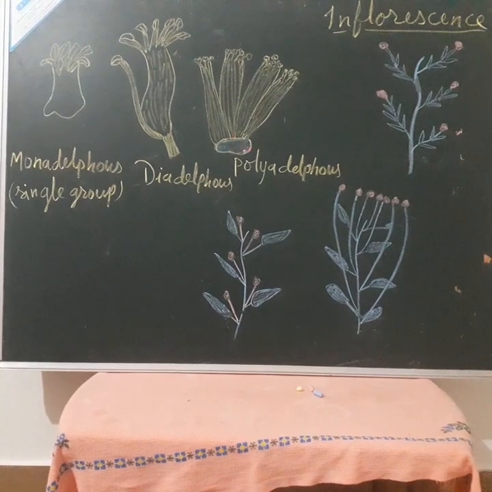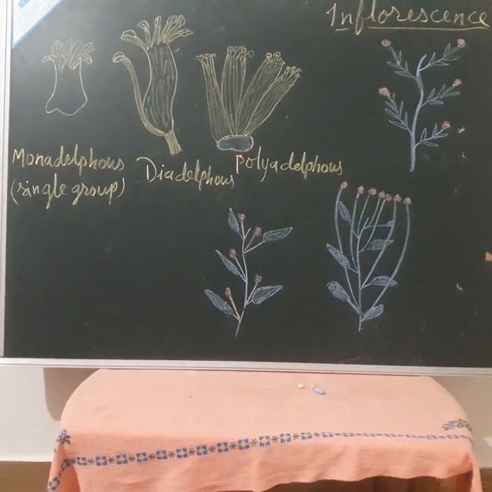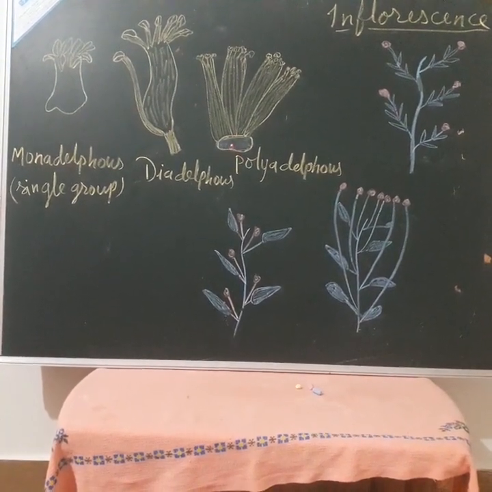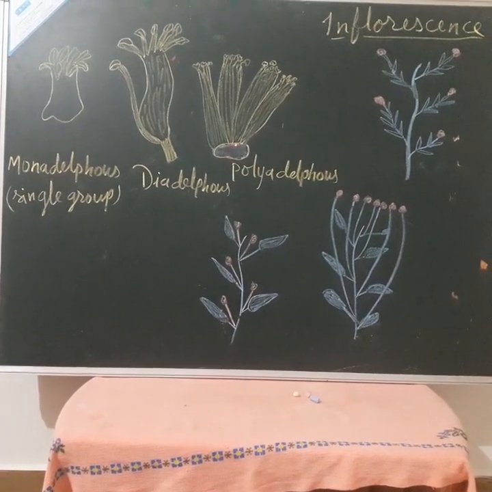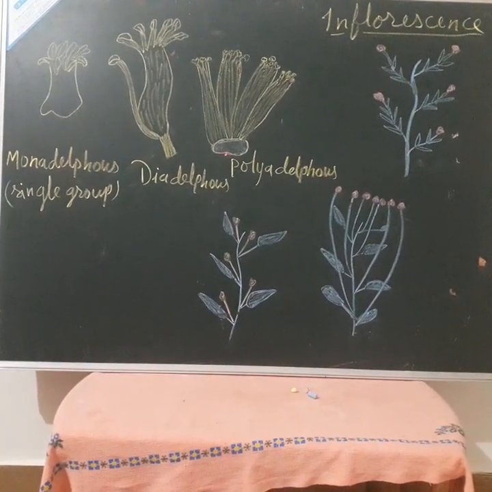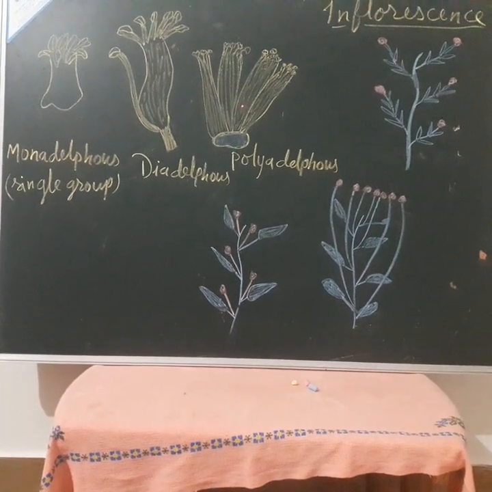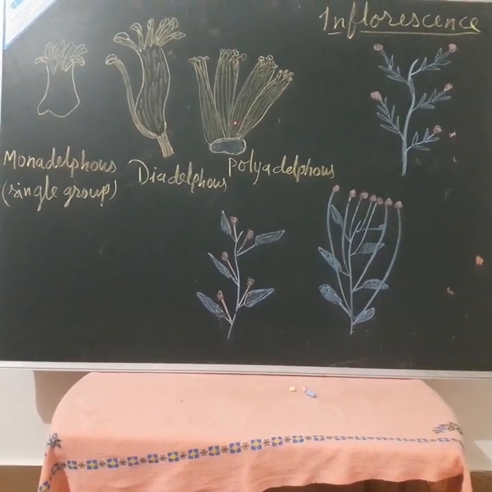Polyadelphous is mostly found in bombax. You know what is bombax? The semal tree, you might have heard. With that they make matchsticks, because the wood is very light.